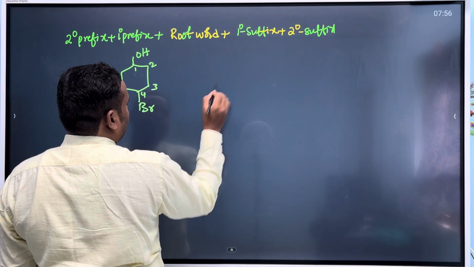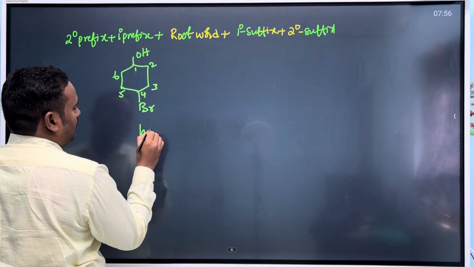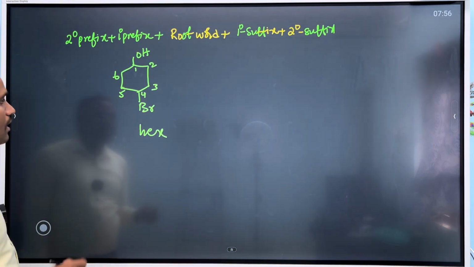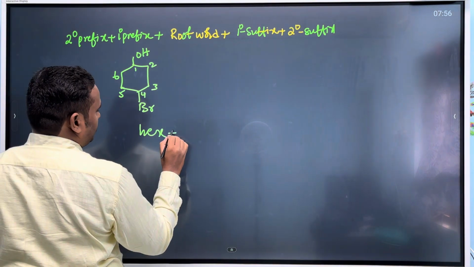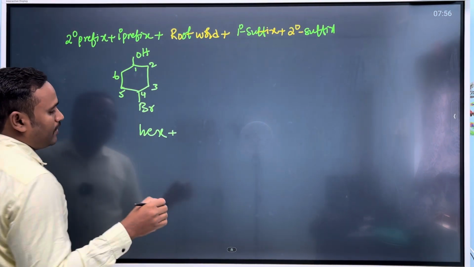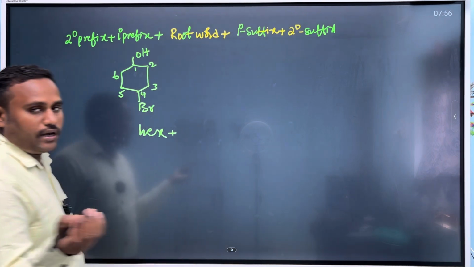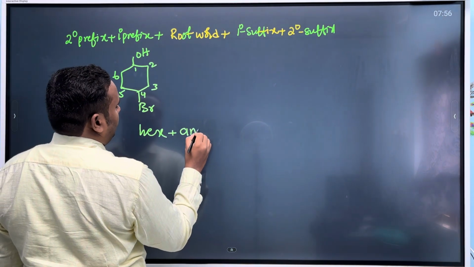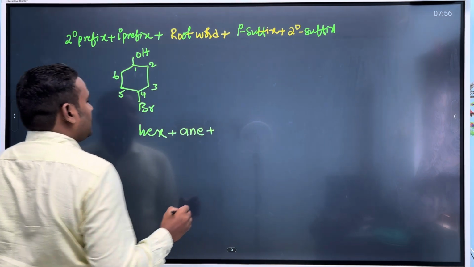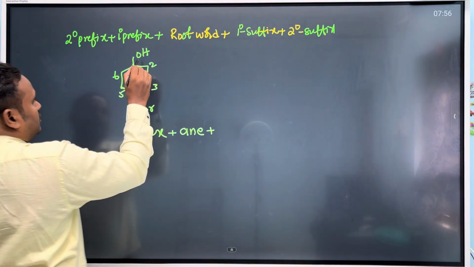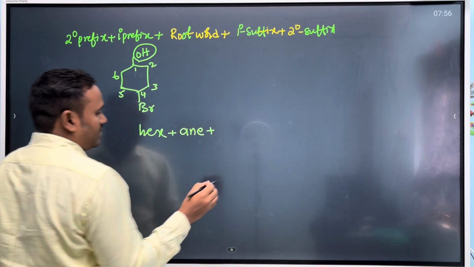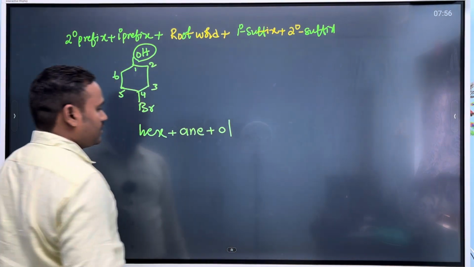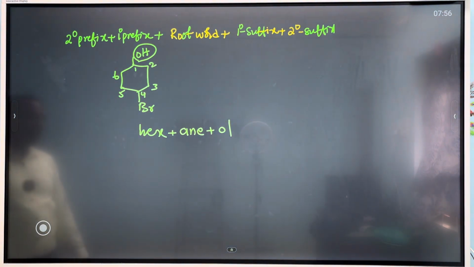Root word is hex. And what is the primary suffix? Is there any carbon-carbon double bond or triple bond? There is no carbon-carbon double bond or triple bond. That's why it is saturated, ane. Plus secondary suffix. Here, what is the functional group? OH is the functional group. So when OH is the functional group, we use ol.